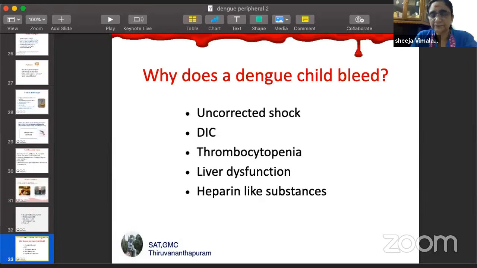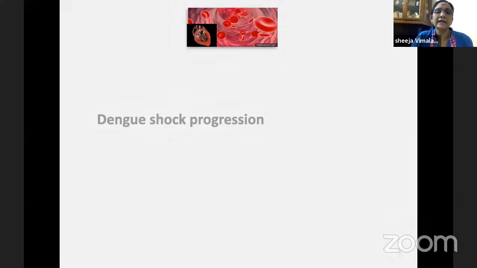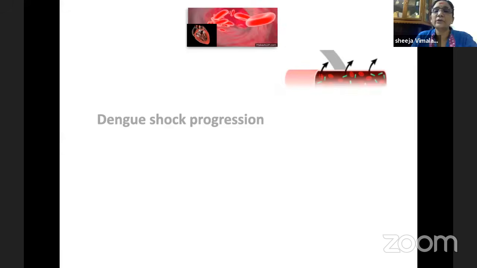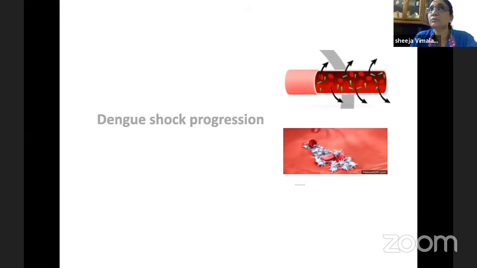So when you have a child presenting to you in a compensated shock, you need to remember that at that time, your heart is beating, your blood flow is happening, but when you refer without giving a fluid bolus, the capillary leak continues. As the capillary leak continues, the intravascular volume comes down, the endothelium gets more damaged.